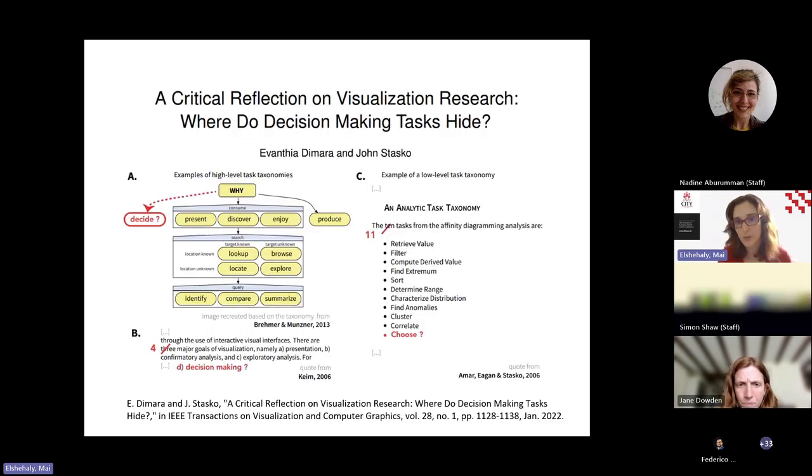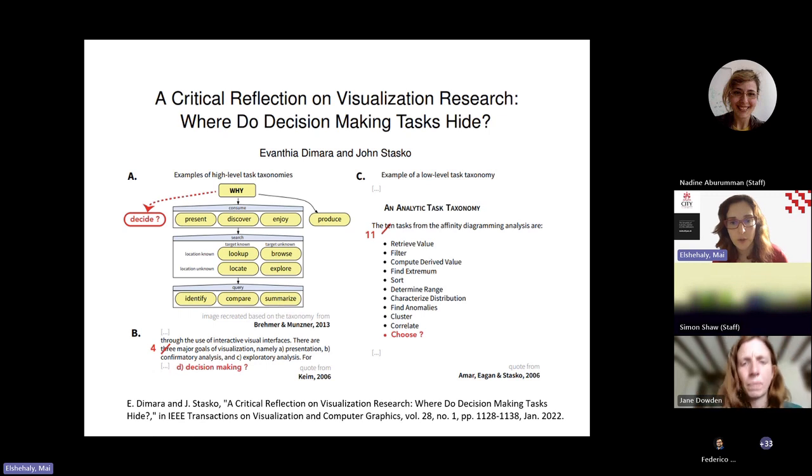But again, you can say this was 2012, but even as recent as 2022, this really brilliant paper came out by Dimara and John Stasko, where they pointed to a gap in visualization research. This critical reflection paper looked at the theories, the taxonomies, and the methodologies in which we define what people want to achieve with visualization, so the tasks that people want to undertake with visualization.